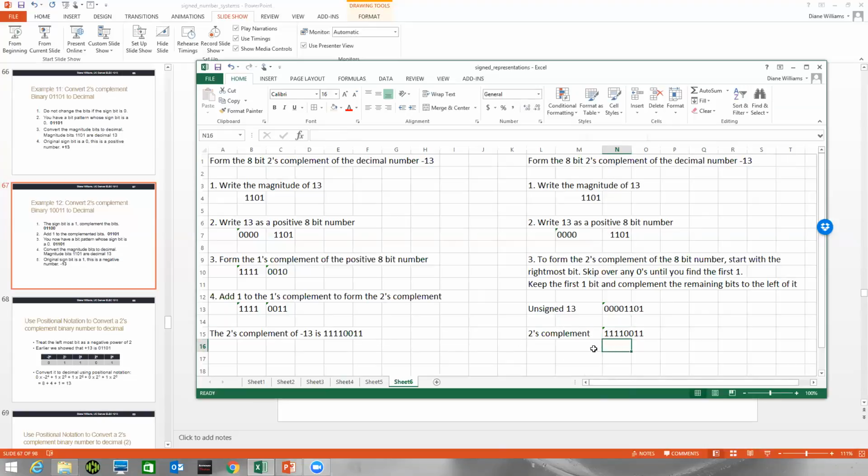Notice these two are exactly the same. There were no leading zeros to the right in this example. I kept the first one, there's the first one, and then complemented all the bits to the left of this. So if you want to form a negative 2's complement number, this is an easier method than forming the 1's complement and adding 1 to it. Choose whichever method makes more sense to you.